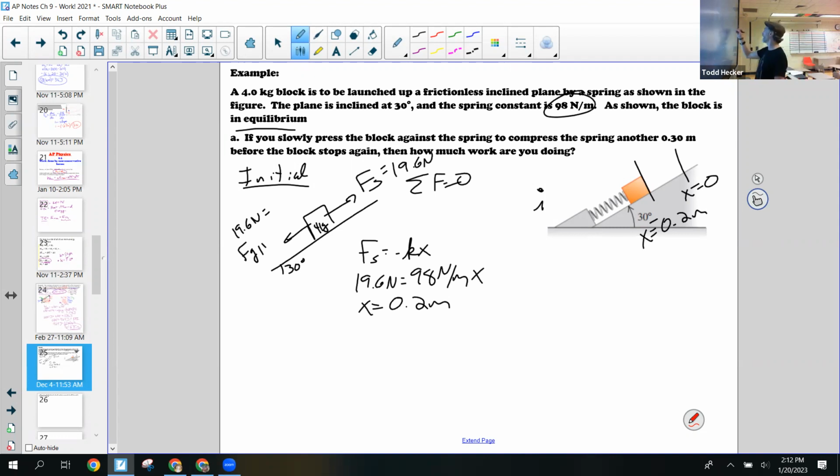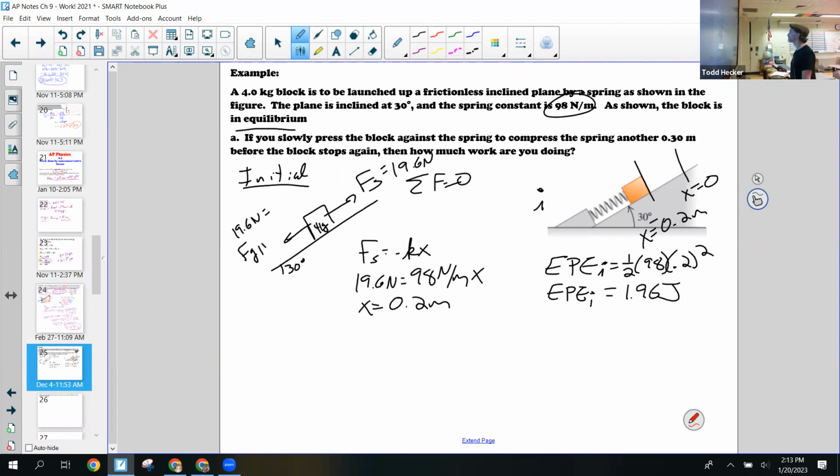So let's figure out what our elastic potential energy is right now. At this initial point, our elastic potential energy is 1/2 times k times x squared. So that gives you 1.96 joules worth of elastic potential energy at this initial point.